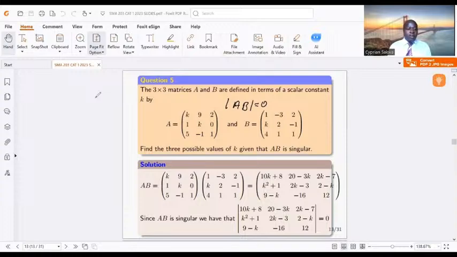So for us to do this question, we just get the product. That's one way. Get the product of these two matrices and then equate the determinant of that product to 0.